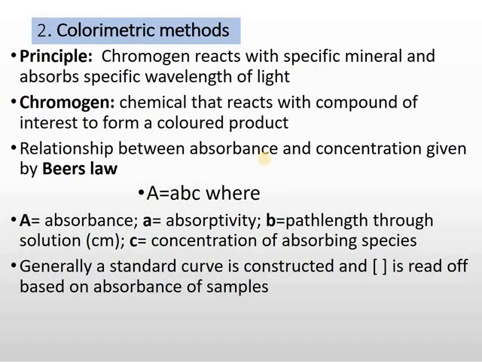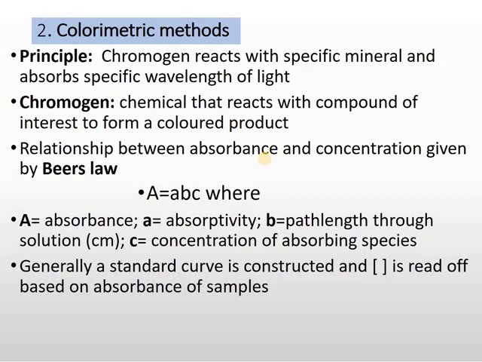So each and every mineral will have its own specific chromogen, and research has already determined which one will react with what. When that chromogen reacts with the specific mineral that you are looking for in the food, the product that is formed will absorb at a specific wavelength of light, and that can then be determined in a spectrophotometer.